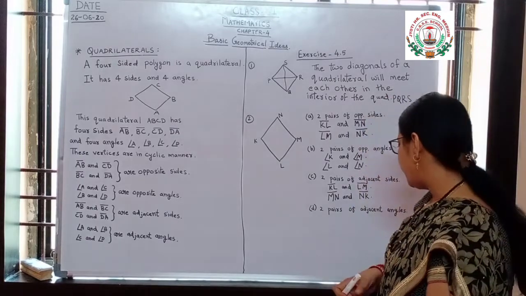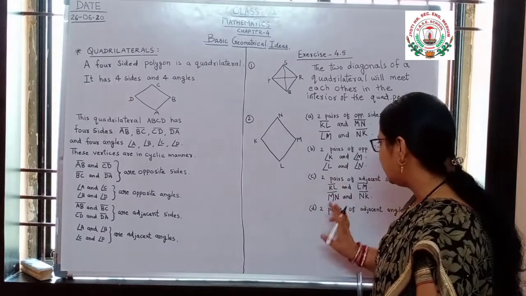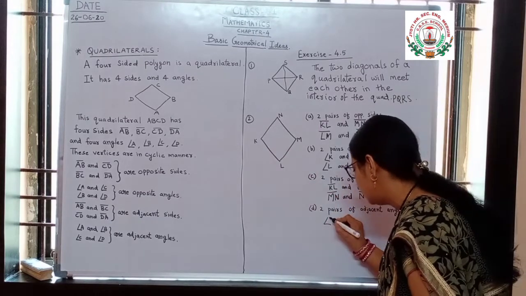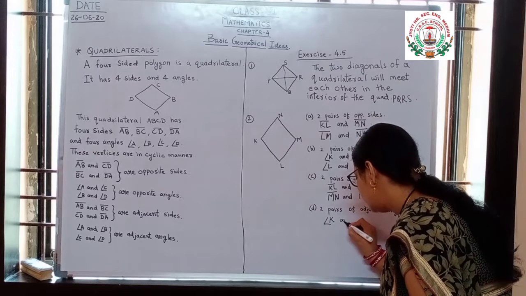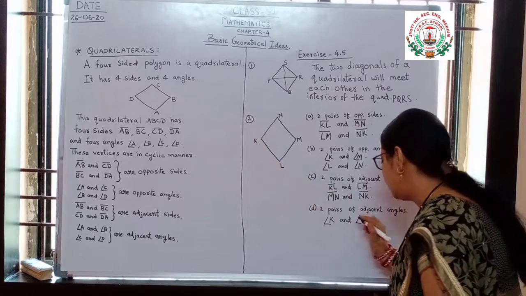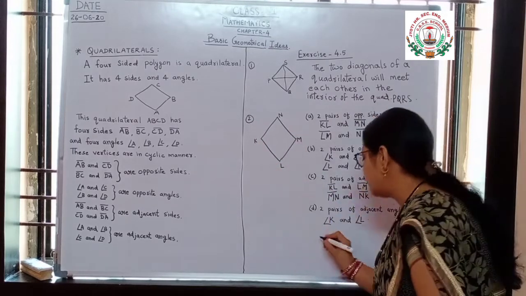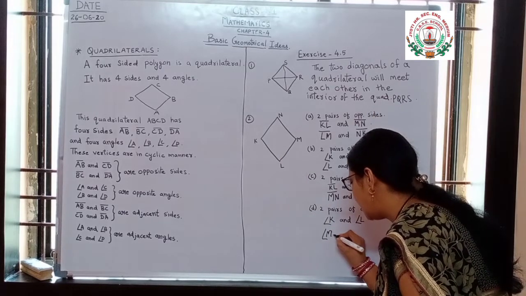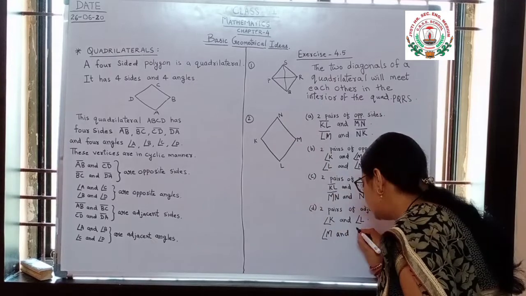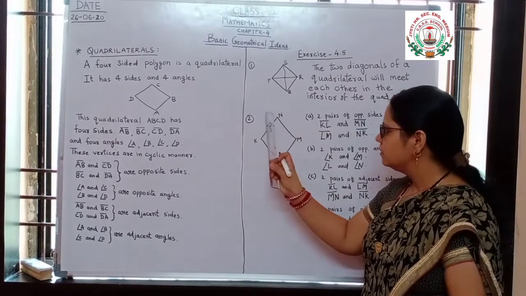Coming to the next part, adjacent angles. Now angle, just like this angle you have to write, but the adjacent one. Starting from K, next to that is K, after that L, so angle L. Now taking the next one, angle M, and next to it is N, so angle N. So this completed question number 2.